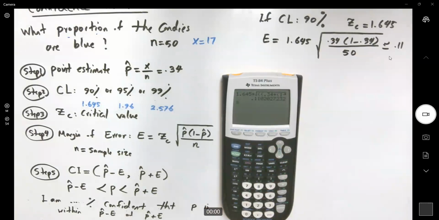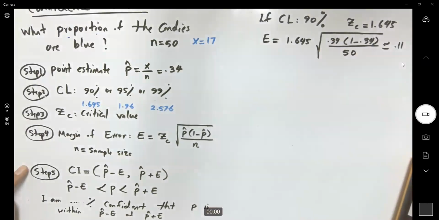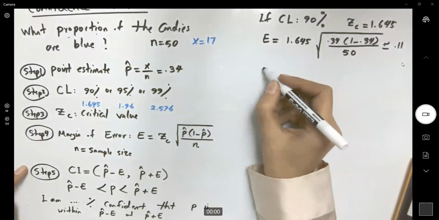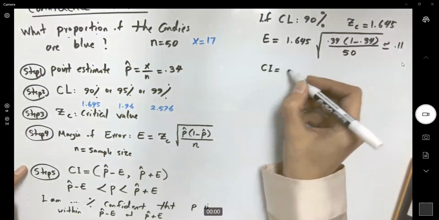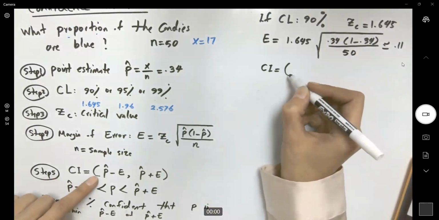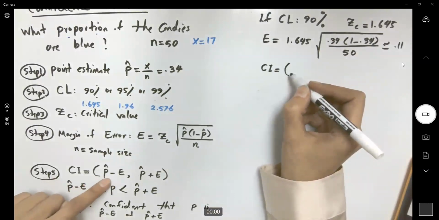Okay, so we found the margin of error. In the final step, in step 5, we can calculate the confidence interval. Confidence interval says, hey, you have open interval p hat minus e. What is p hat?